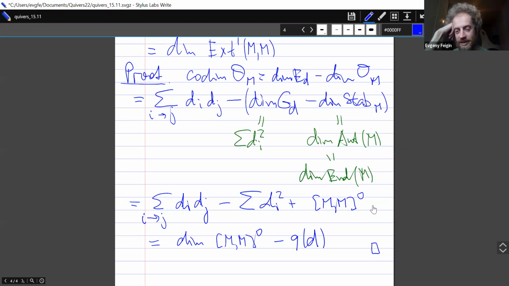It's not like an independence, but this says that if you consider the endomorphisms of M, then the condition that the maps are non-degenerate is still an open condition.